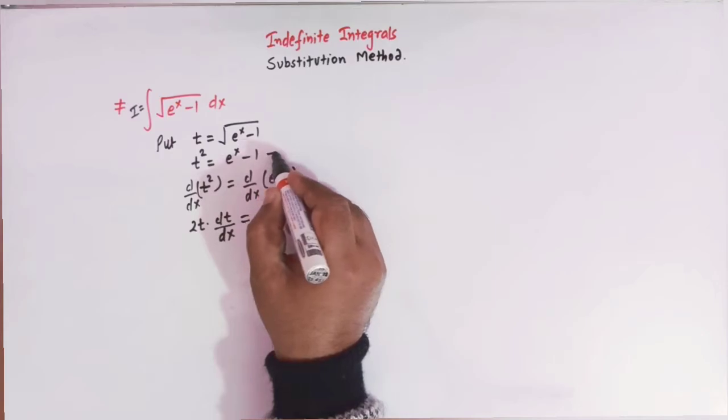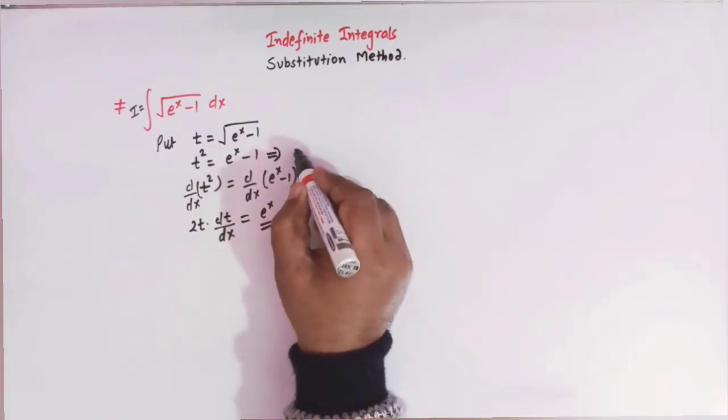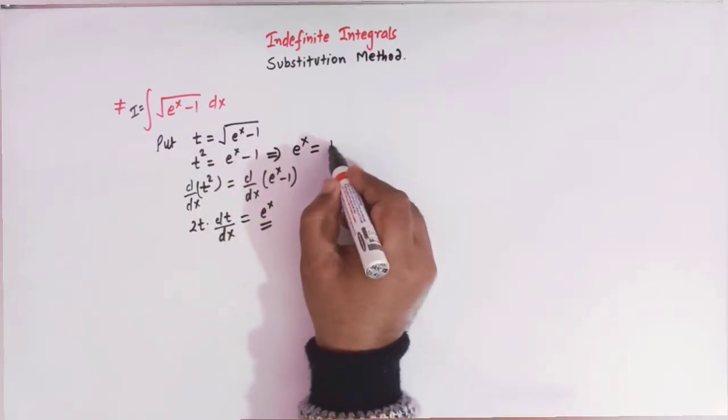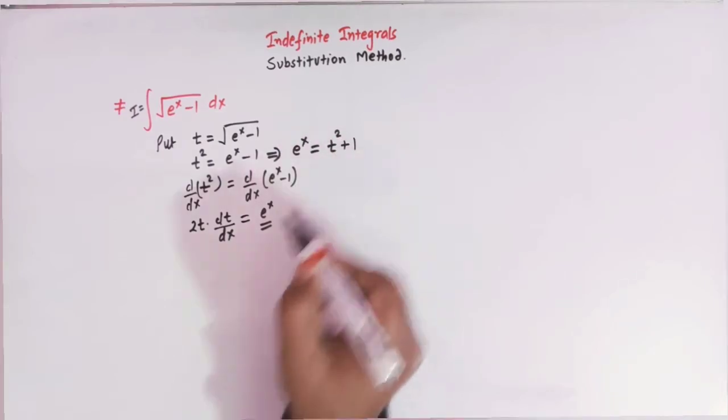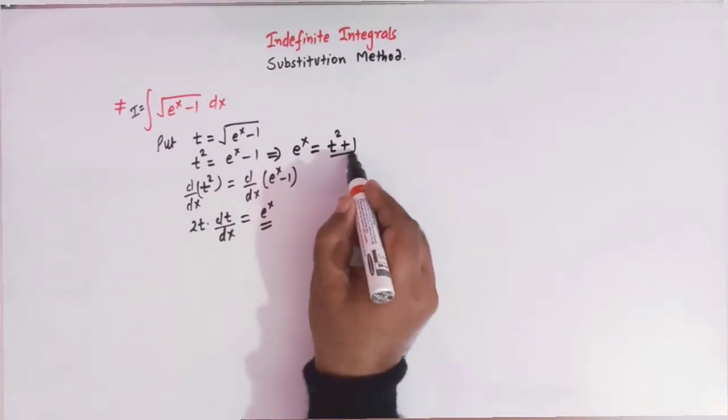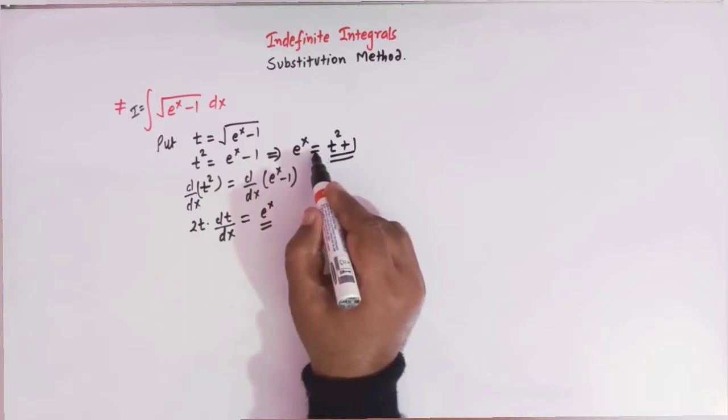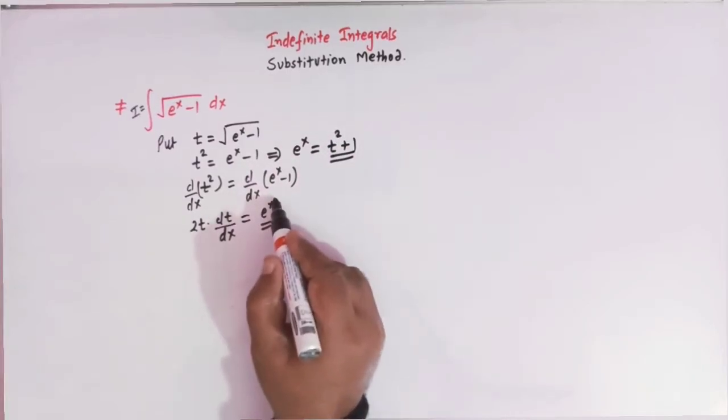Now from this equation we can write e raised to x as t square plus 1. We'll substitute this value, e raised to x equal to t square plus 1, over here.